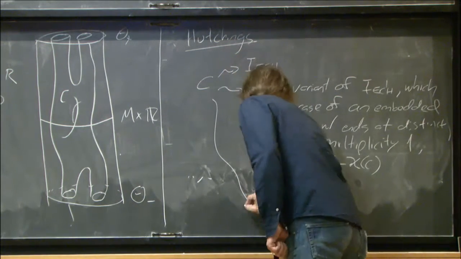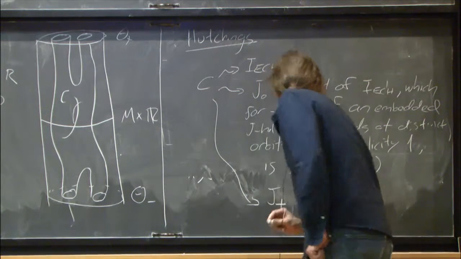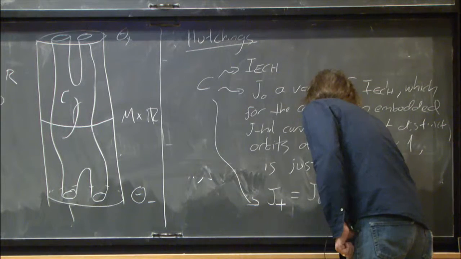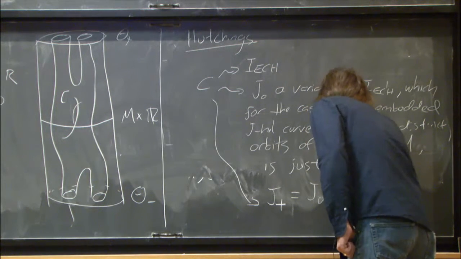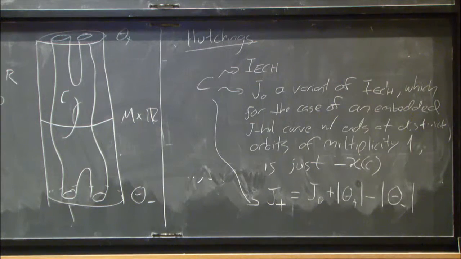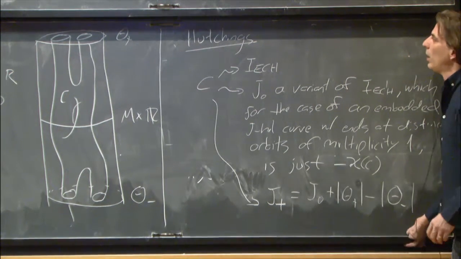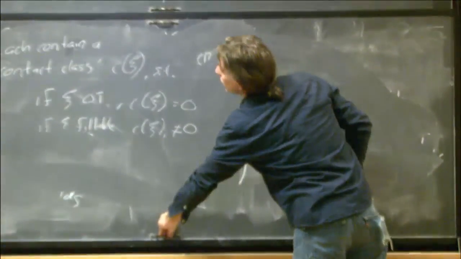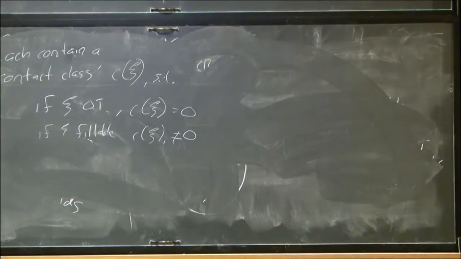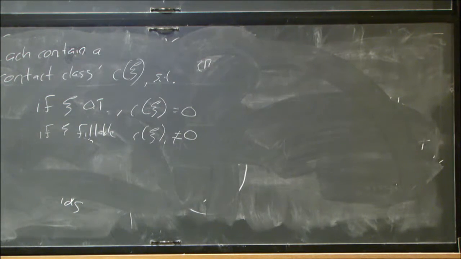And then we can change this a bit and define something called J plus, which is just J0 plus the number of positive ends of the curve minus the number of negative orbits of the curve. And what is this good for? Well, just a couple of facts.